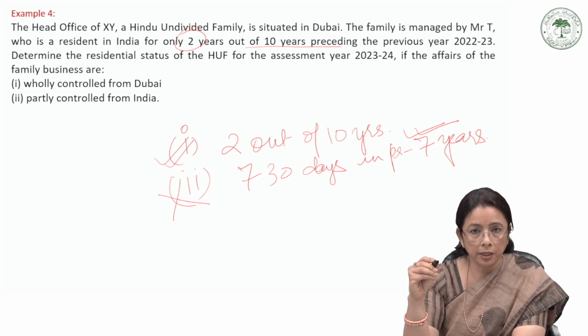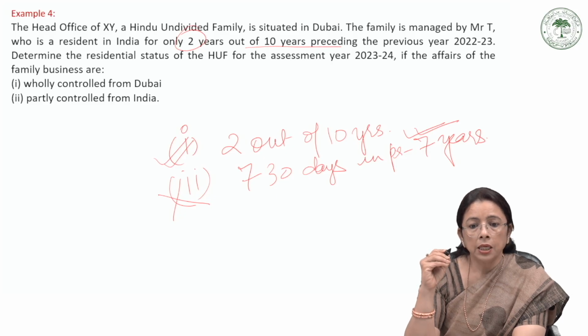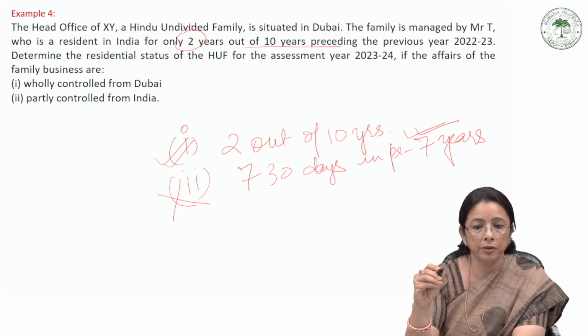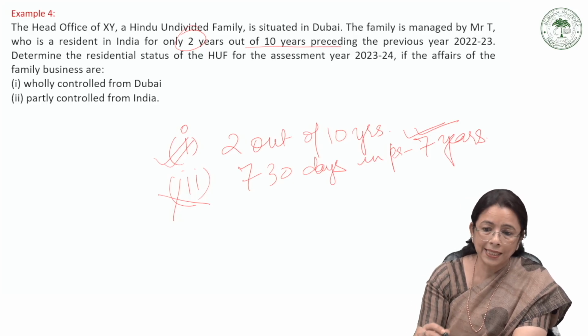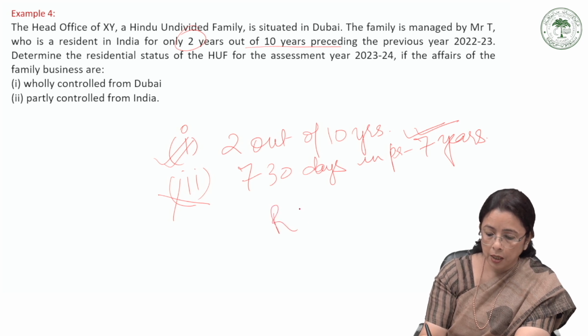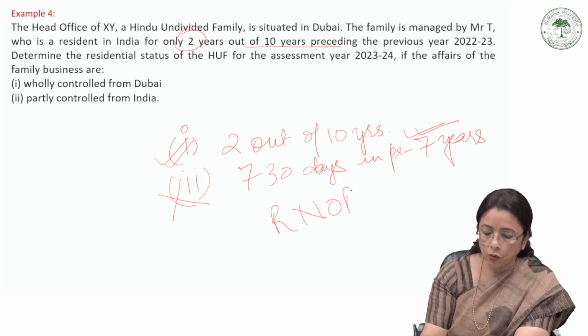So I think we can take a decision here that as a manager, Mr. T, who is resident in India in only 2 out of 7 years preceding the previous year, the HUF would be resident but not ordinarily resident in India for the assessment year 2023-24. That is RNOR.